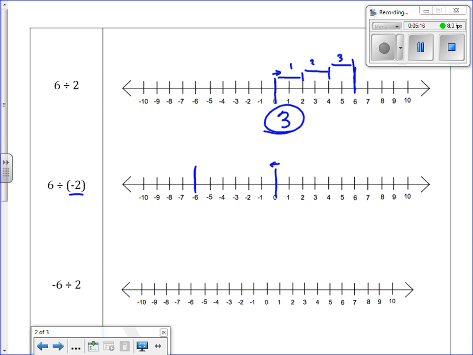So I want to figure out how many groups of 2 I can break up 6. So there's 1, 2, 3. So there's 1, 2, 3 groups of 2. But since I went to negative 6, that's 1, 2, 3. They're negative 3 groups. I went back negative 3 times.